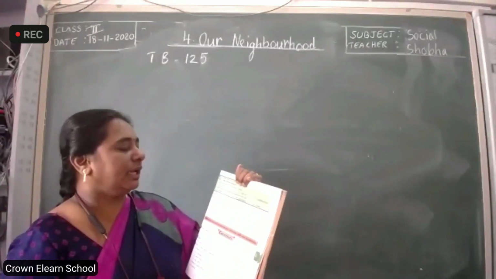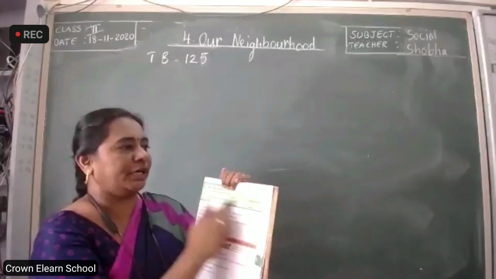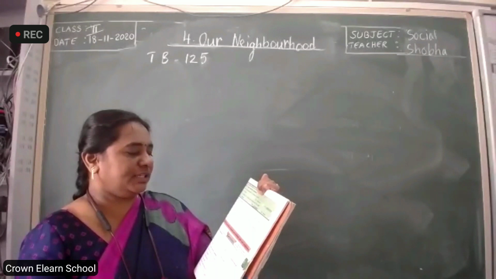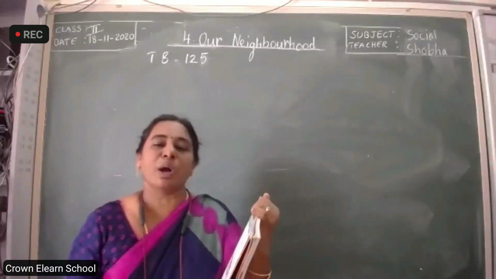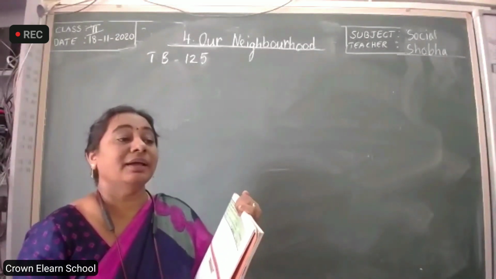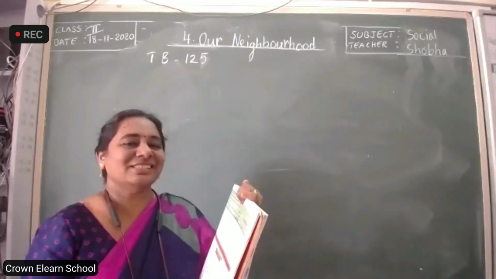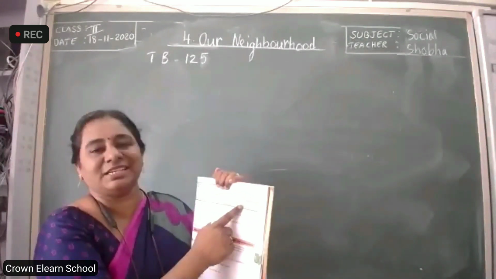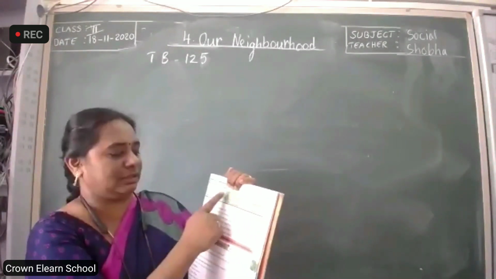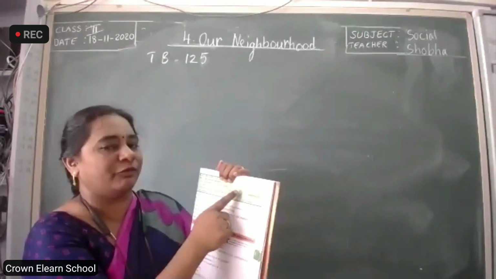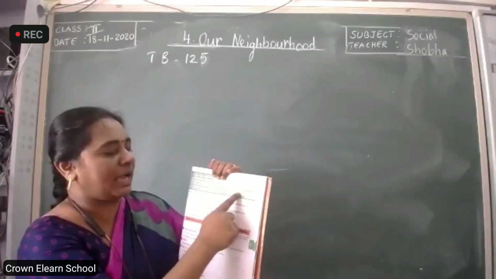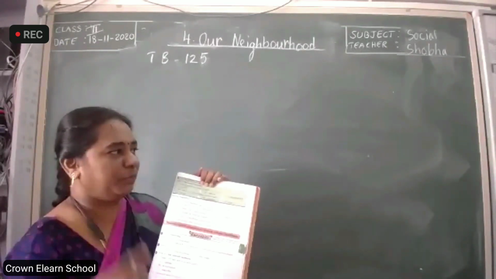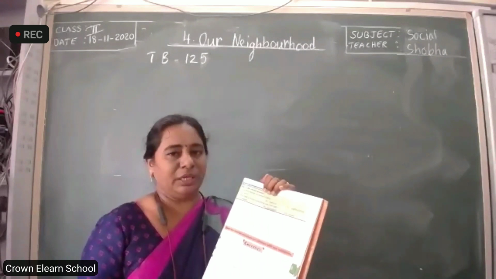First one, the area around our home is called dash. Okay. The options are given. A, forest. B, highway. C, neighborhood. What is the answer? Very good. Neighborhood. So which option is correct, children? Option C is correct. So they have given here blank for first one. You write in the blank as well as you have to underline and tick it. So in previous lessons we were doing, isn't it?